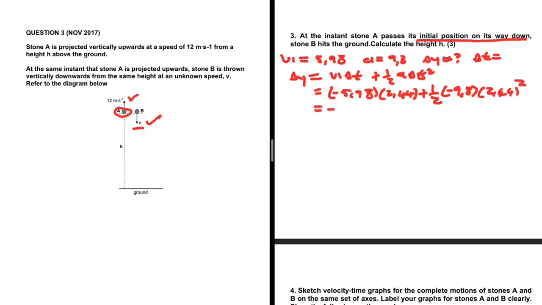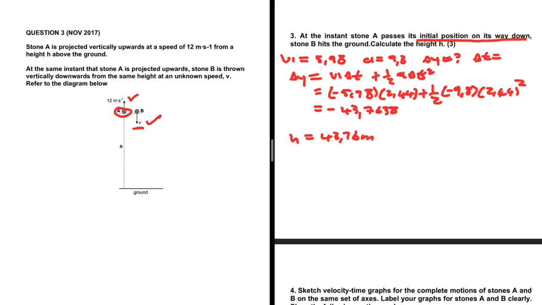This is equal to minus 43.76. So h will be equal to 43.76 meters. That is the height h, which we are supposed to calculate.